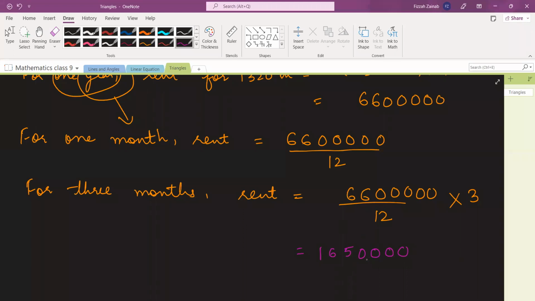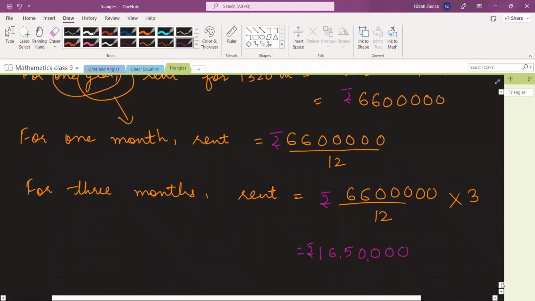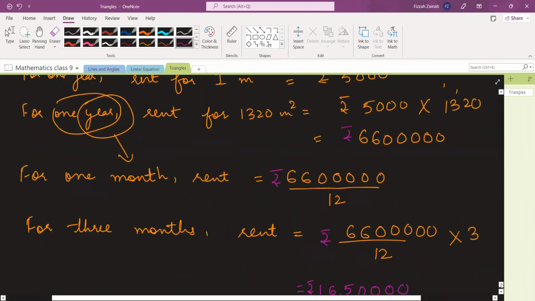And if you put a comma, this is rupees, okay? Everything is in rupees here because this is rent. Is that understood by everyone?